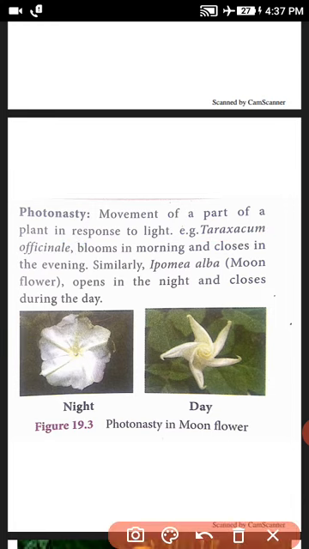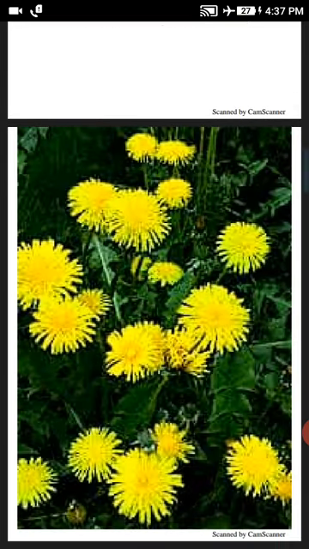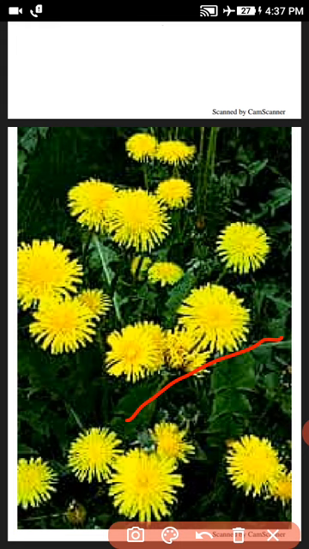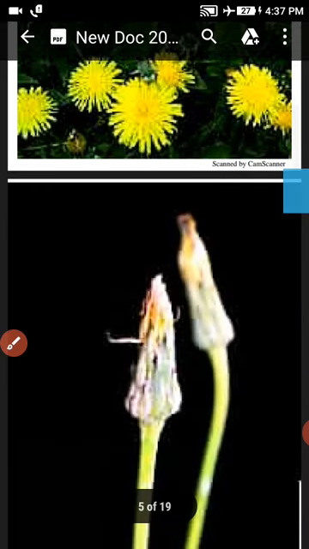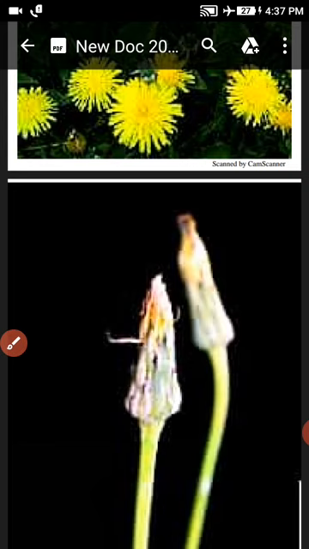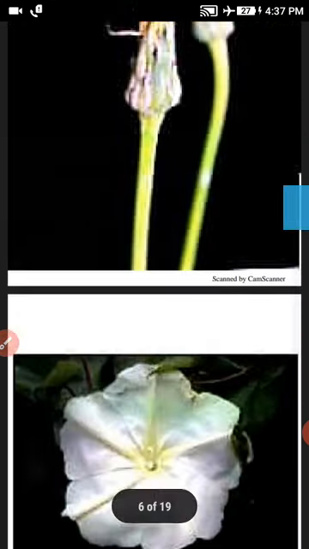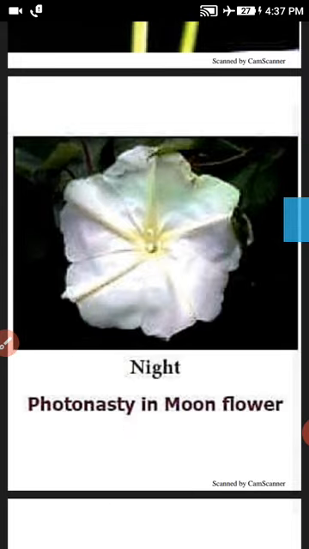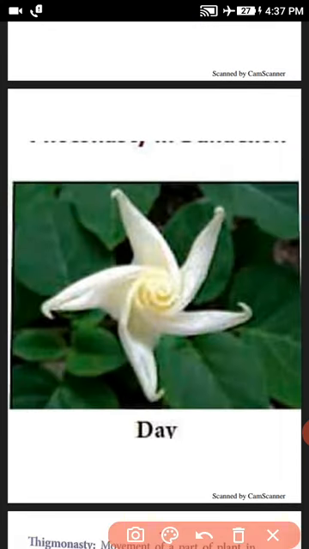In these flowers, they bloom in the morning and close in the evening. Next, Ipomoea alba. The Ipomoea alba is a moon flower. These flowers open at night time and close in the daytime.